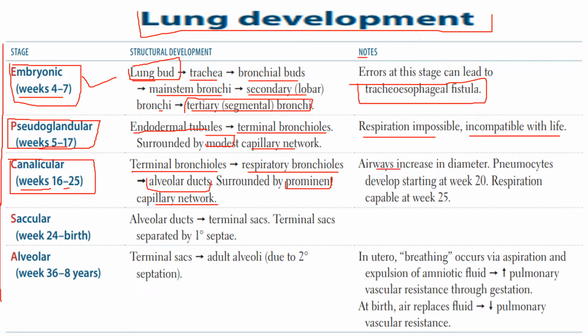Airways increase in diameter in this stage. Pneumocytes develop starting at week 20, which means we can say that pneumocytes develop in the canalicular stage and the respiration is capable at week 25.